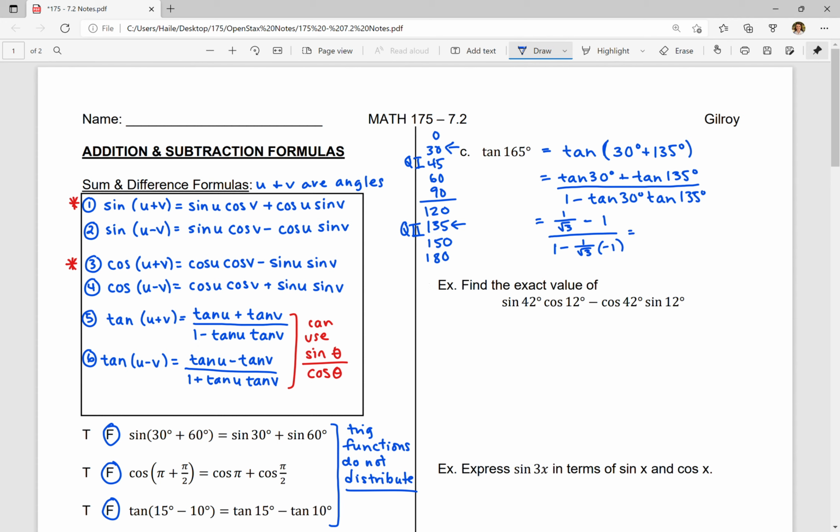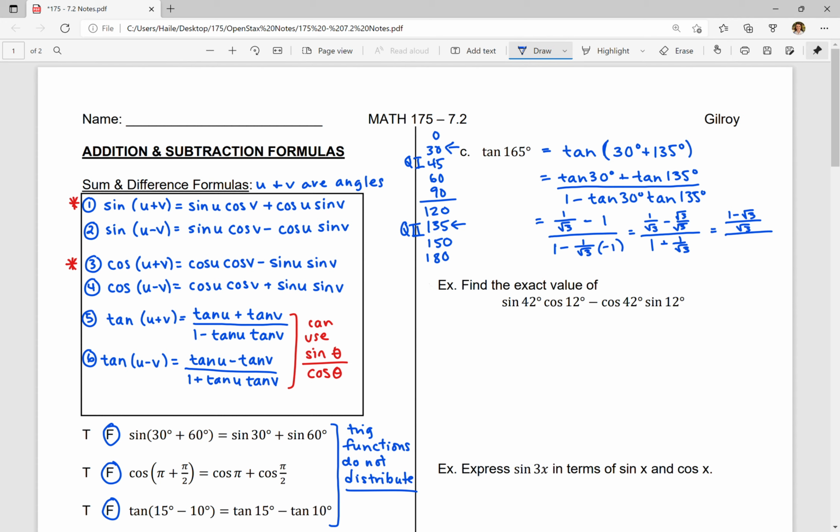So if I continue to simplify this, I need to get a common denominator on the top. So we'll have 1 over the square root of 3 minus the square root of 3 over 3. And on the bottom, we'll have 1 plus 1 over the square root of 3. So again, we can add our fractions on the top to get 1 minus the square root of 3 over the square root of 3.